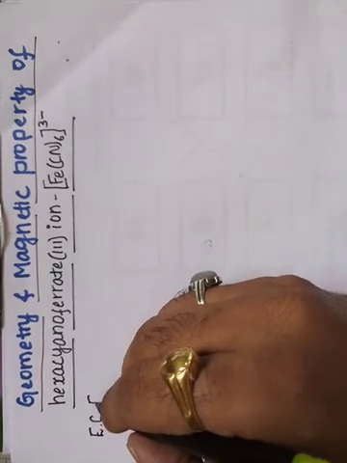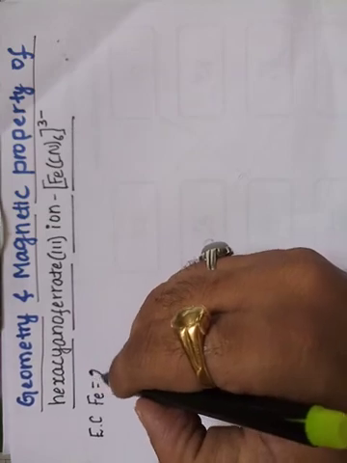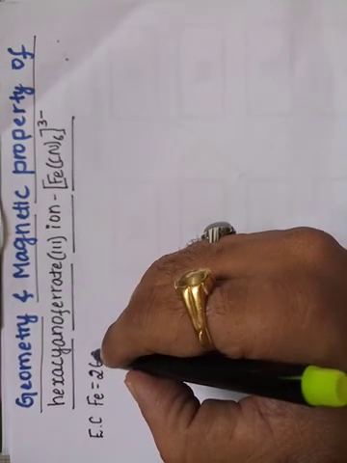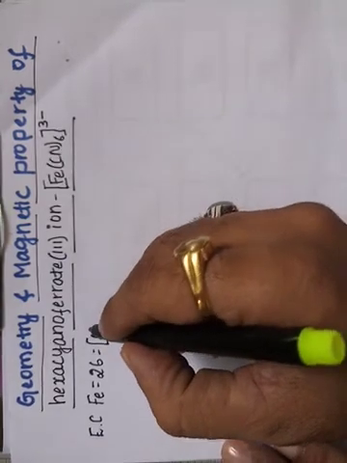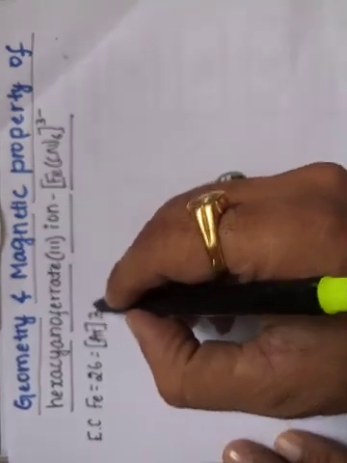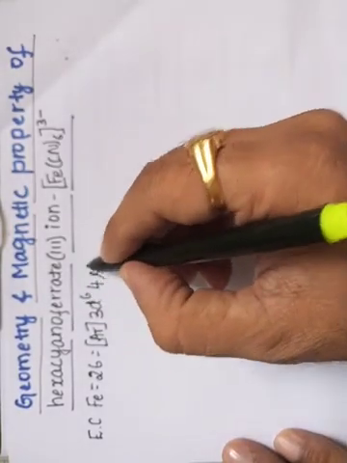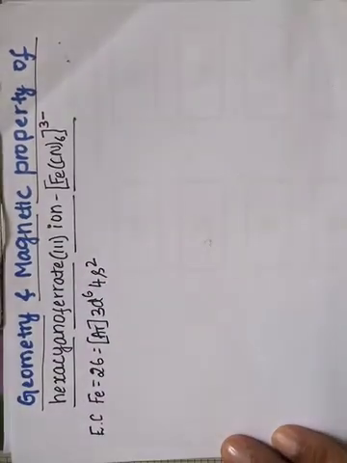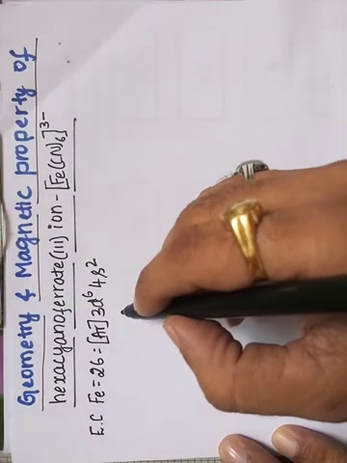The electronic configuration of iron: the atomic number of iron is 26 and its outer electronic configuration is [Ar] 3d6 4s2.